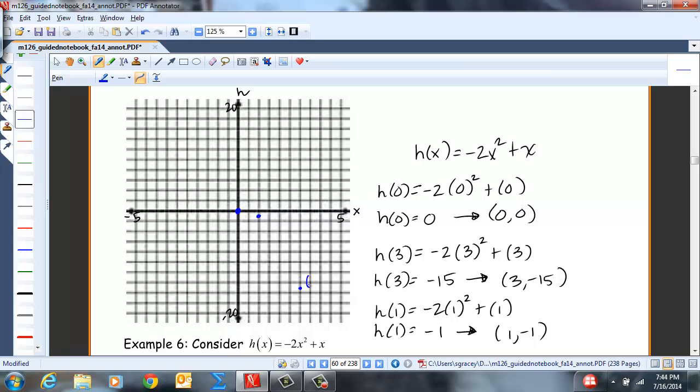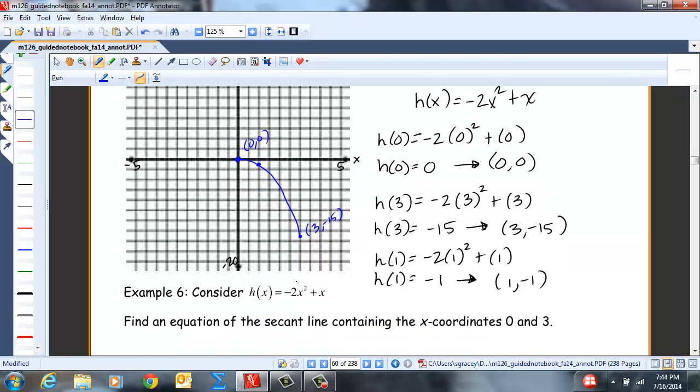So this is 3, negative 15, and this here was 0, 0, the start of our interval. So let's make our picture here. It'll look something like this.